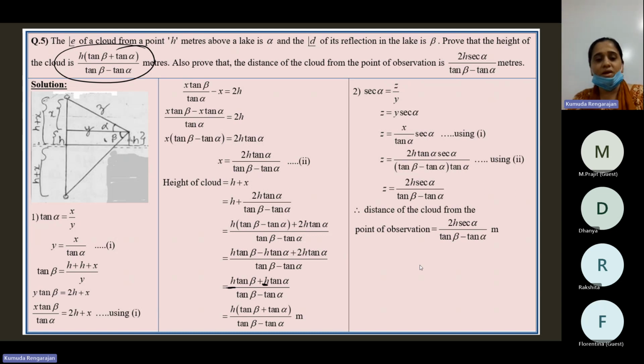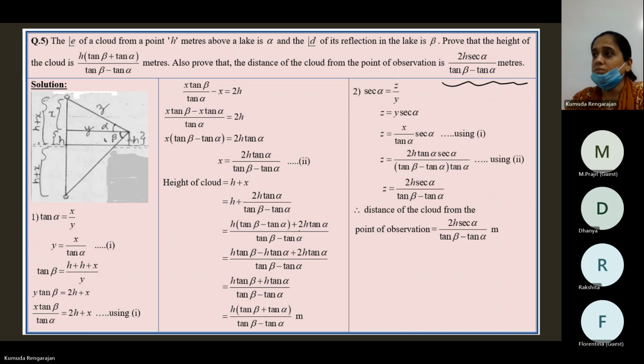Okay, so next you'll have to show that the distance between the cloud and the observer, the point of observation, is given by this expression. Here you see one other ratio, secant alpha. Tan beta and tan alpha we've already found here.